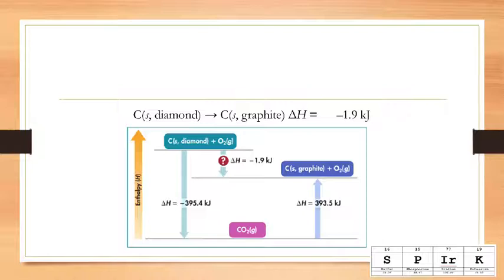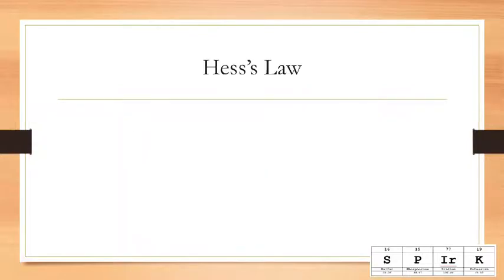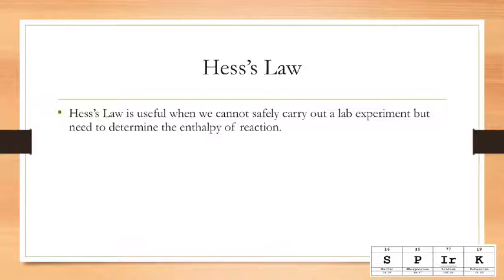Scientists weren't able to directly measure this, but through the two different combustion reactions, we were able to determine the heat of reaction. So Hess's law is useful when we cannot safely carry out a lab experiment, but when we need to determine the enthalpy of the reaction, much like we had to do with diamond to graphite.